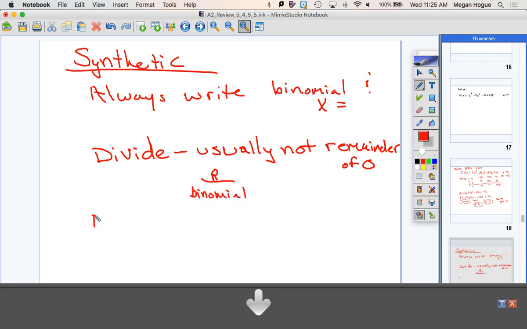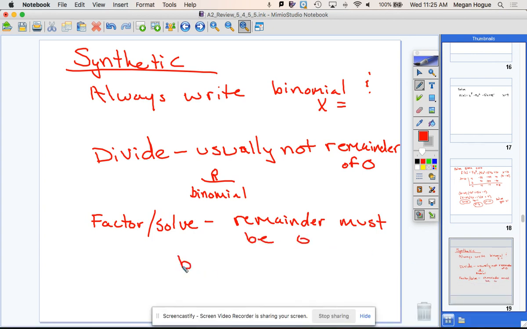And then we'll put for factor or solve, the remainder must be 0. And then the binomial is part of the answer.